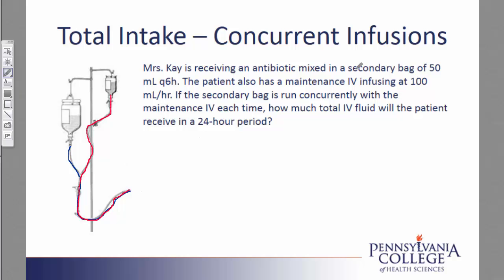The first detail that we're given is that the secondary bag of 50 milliliters is given every 6 hours. Second, the maintenance IV is infusing at 100 milliliters per hour. Very important to this problem is that they are run concurrently, infusing together. And we're asked to figure out the fluid for a 24-hour period.